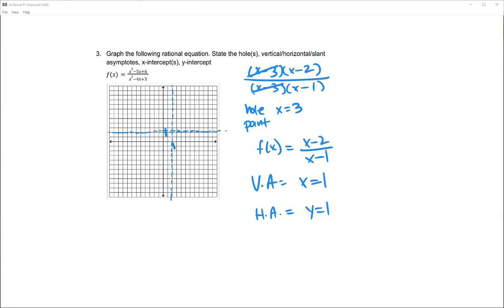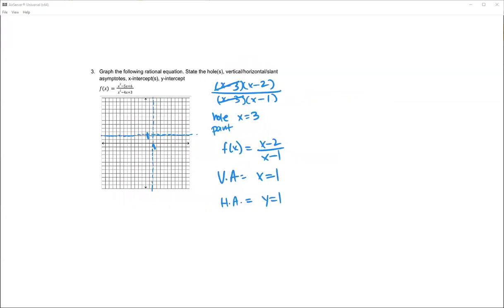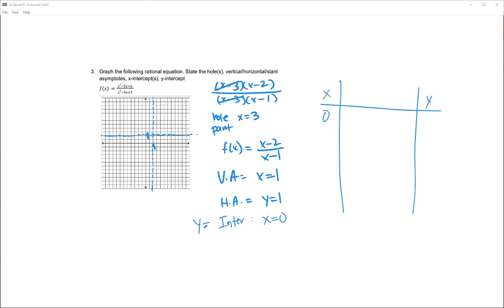So from that point on, you use the tables pretty much to graph. This one's pretty straightforward. You just have to maybe put 2 or 3, or actually, let's use the intercepts. Let's get the y-intercept, where x is equal to 0. So we put 0 here. And we use the new modified equation.